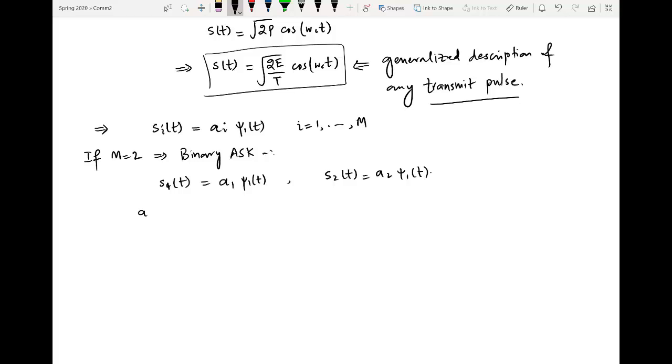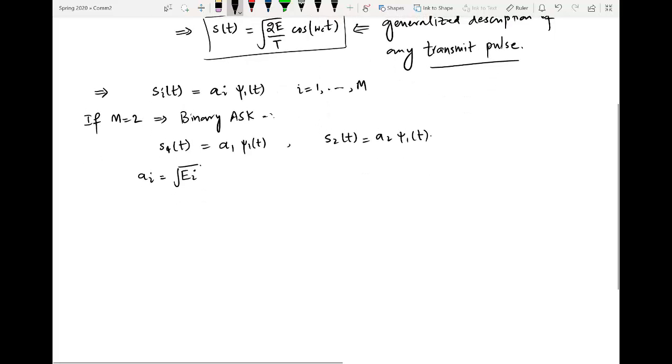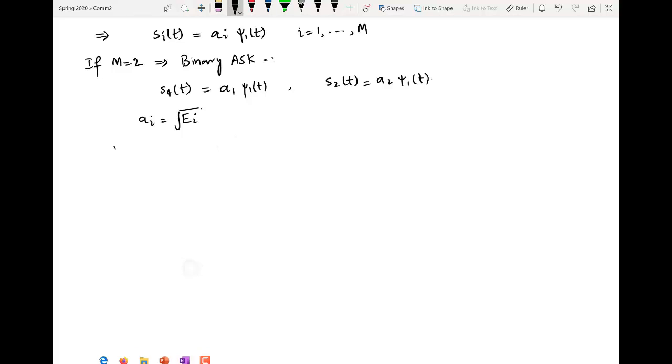The value of Ai will be equal to square root of Ei. So for binary ASK, we set A1 equal to 0 and A2 equal to some non-zero value, square root of the energy E2.